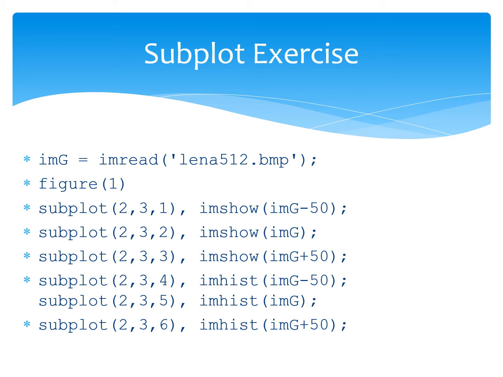The plus 50 operation will increase the pixel intensity level by 50 for all pixels. In case any pixel intensity exceeds 255, the pixel intensity will be set to 255 because the maximum value of uint8 data type is 255.